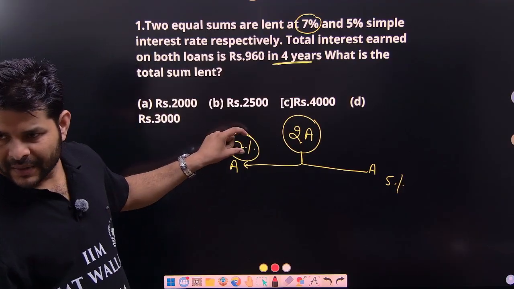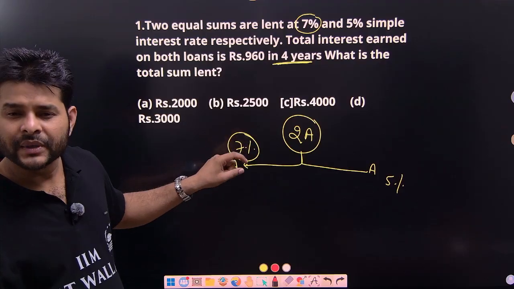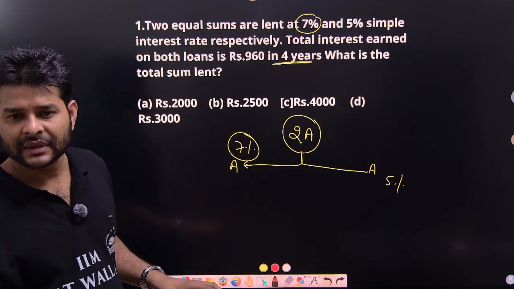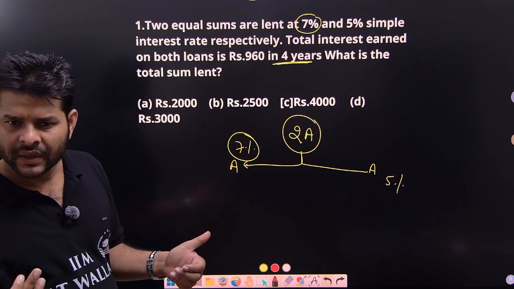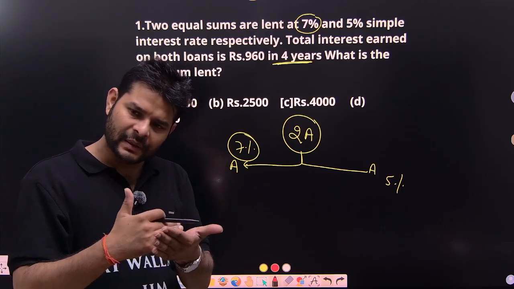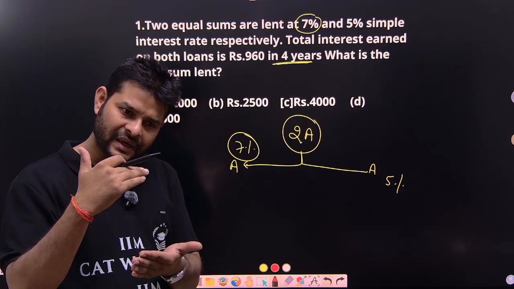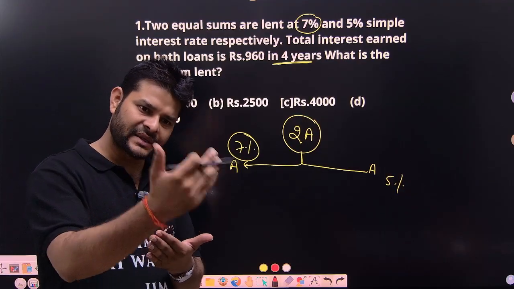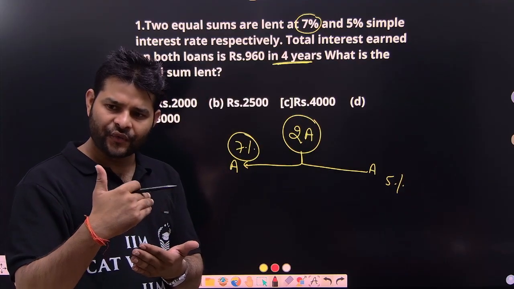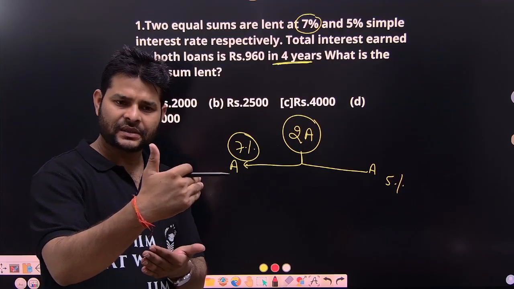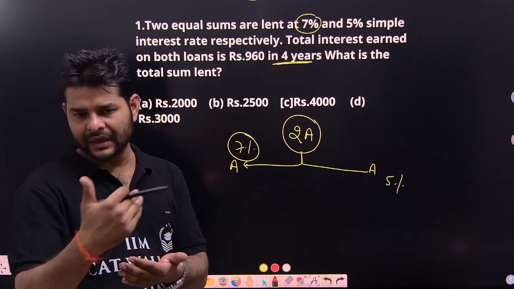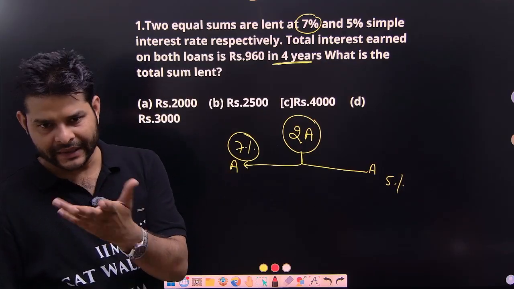So 7% for 4 years means a total of 28%. Get it or not? 7% first year, 7% next year, 7% next year. So for 4 years, the interest he will earn would be 28%.